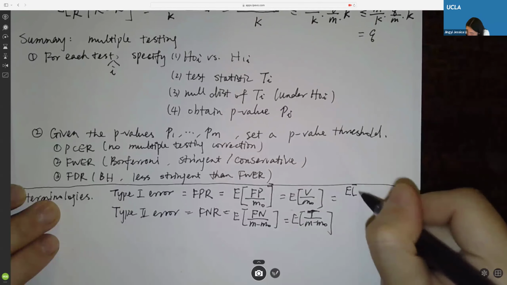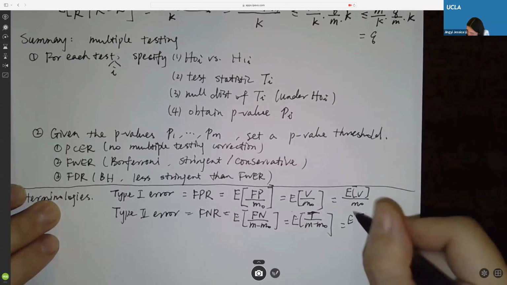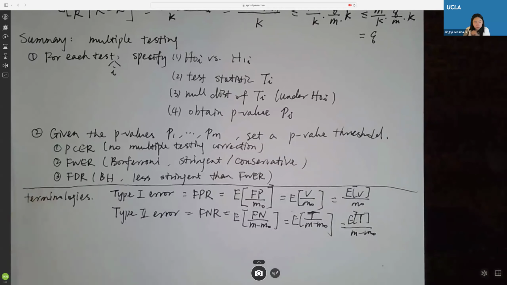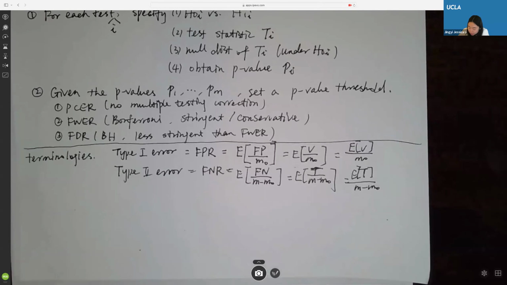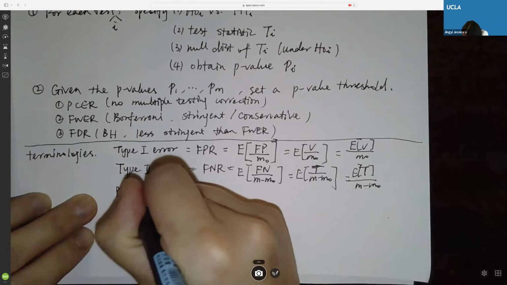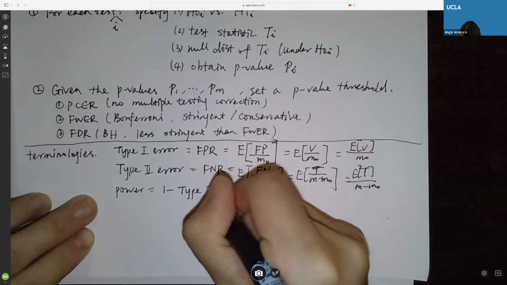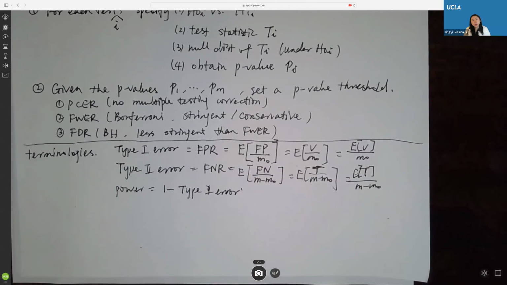It's basically E of V over M0, since they're not random, and E of T over M minus M0. And power is 1 minus type 2 error. That's our definition of power.